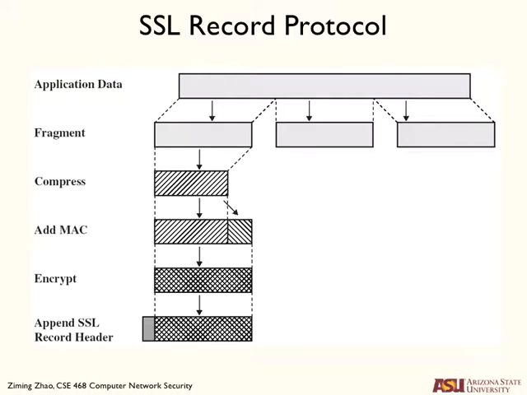It's optional. They can compress those fragments to make them a little bit smaller. Then they add a MAC using the hash algorithm, then encrypt the whole thing with a symmetric key crypto, and append a TLS header in front. Then they give this to the TCP layer, and TCP will append another TCP header in front of this.